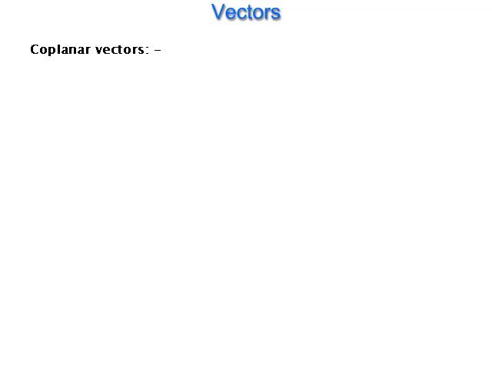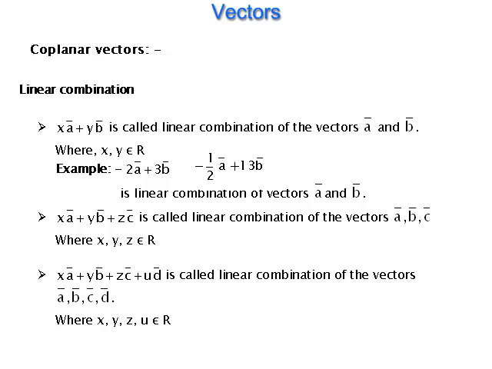Coplanar vectors. Let a bar and b bar be two vectors and x, y be any real numbers. Then the vector x a bar plus y b bar is called the linear combination of the vectors a bar and b bar. For example, 2a bar plus 3b bar, minus half a bar plus 13b bar are linear combinations of the vectors a bar and b bar.